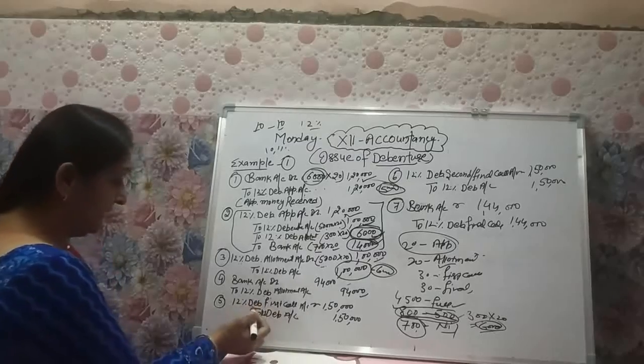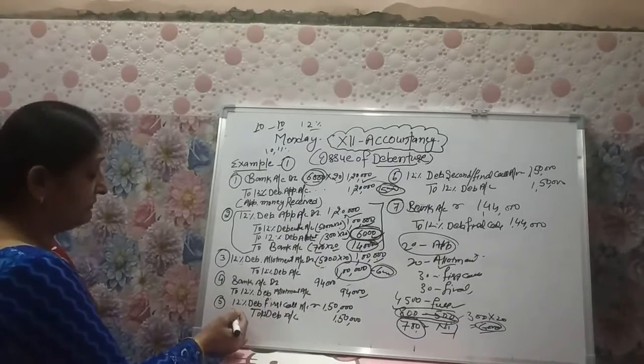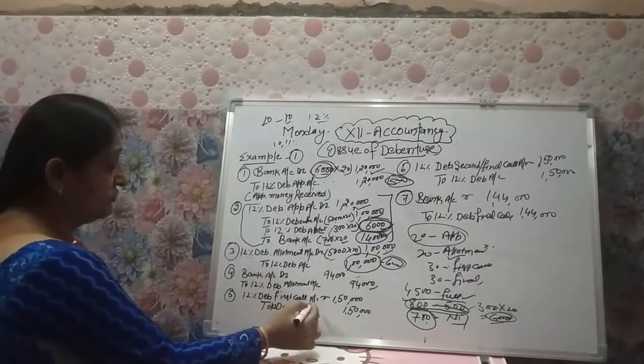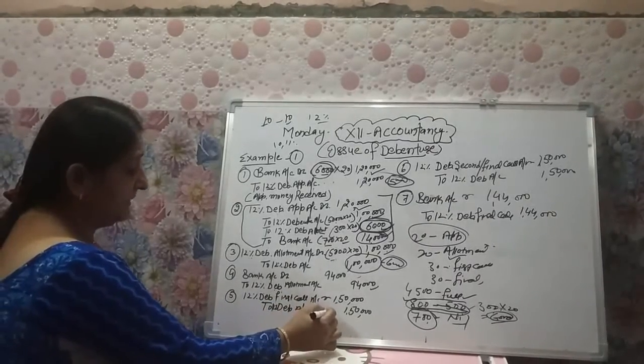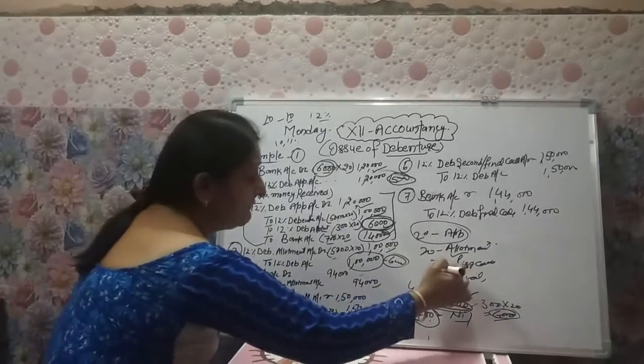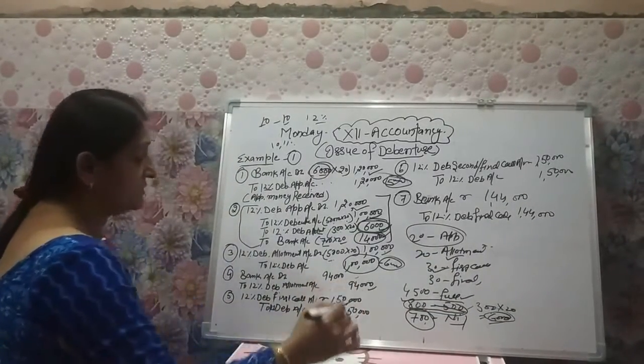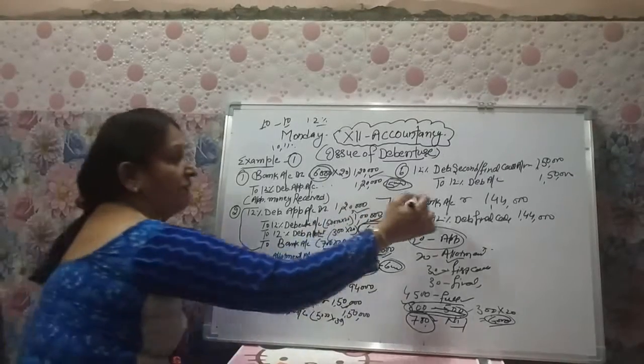After that, the company dues the first call and the entry for due the first call is 12% debenture first call account debit to 12% debenture account. Company issued 5,000 debentures and the first call money is rupees 30. So 5,000 multiplied by 30, the first call money is due with rupees 1,50,000.